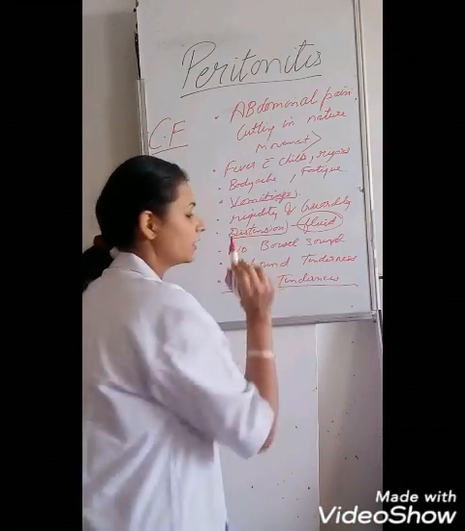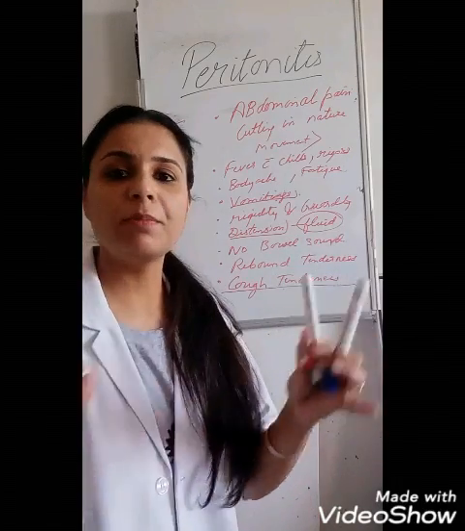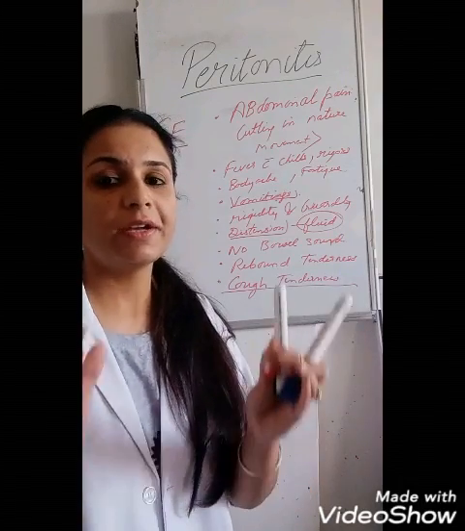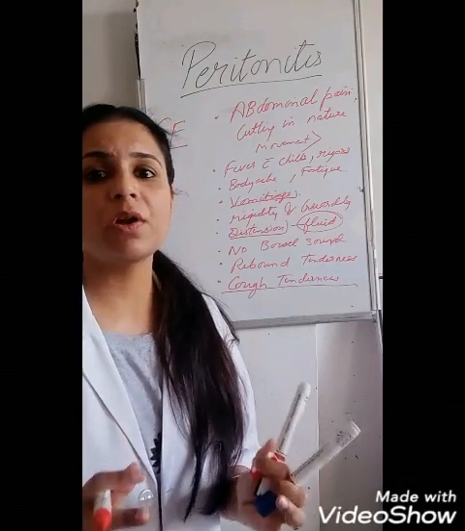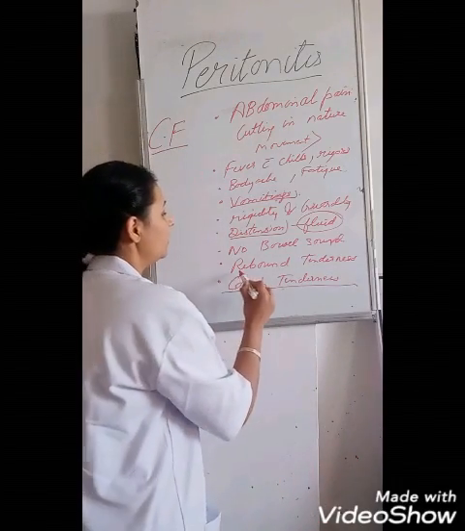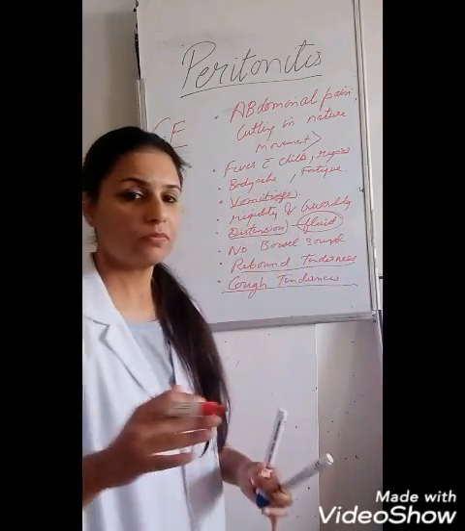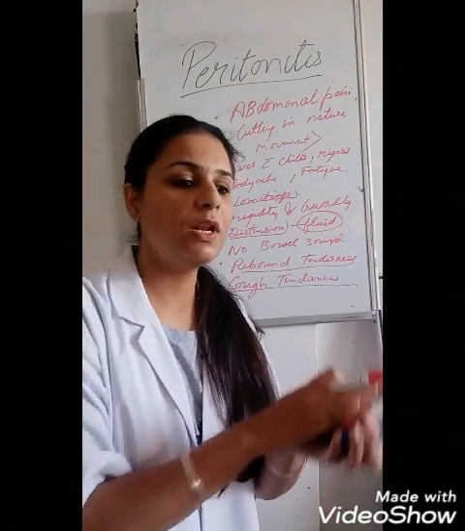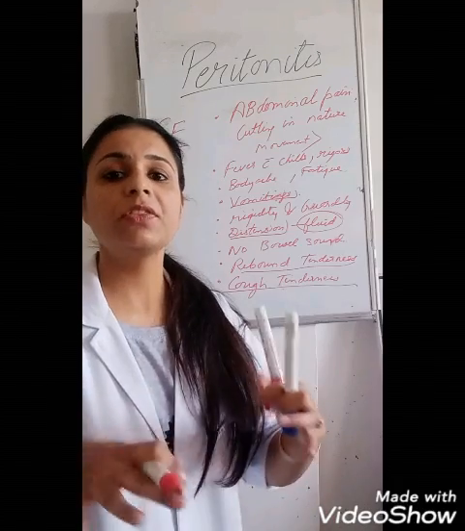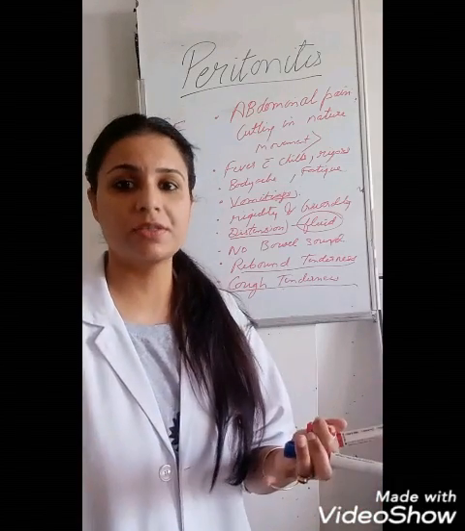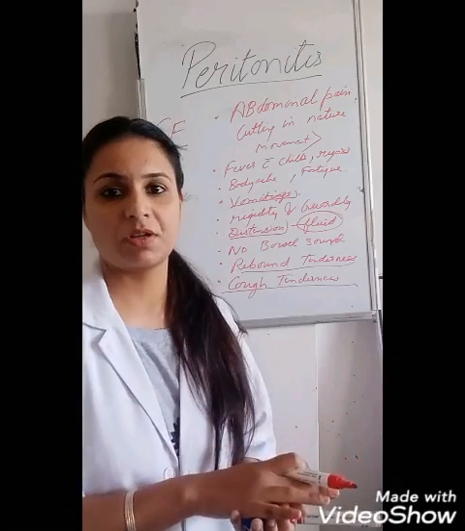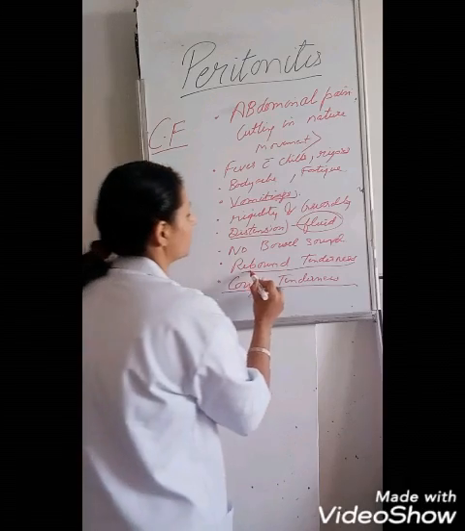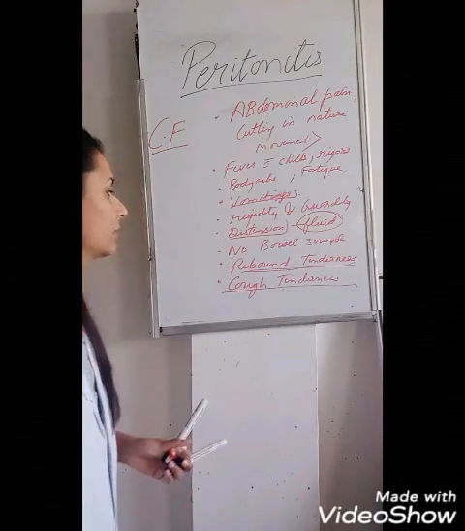This signifies the sensitivity of the parietal peritoneum. In rebound tenderness, when you apply pressure on the abdomen and then relieve the pressure, the intensity of the pain will increase on relieving the pressure. So that signifies that there is inflammation in the abdomen.